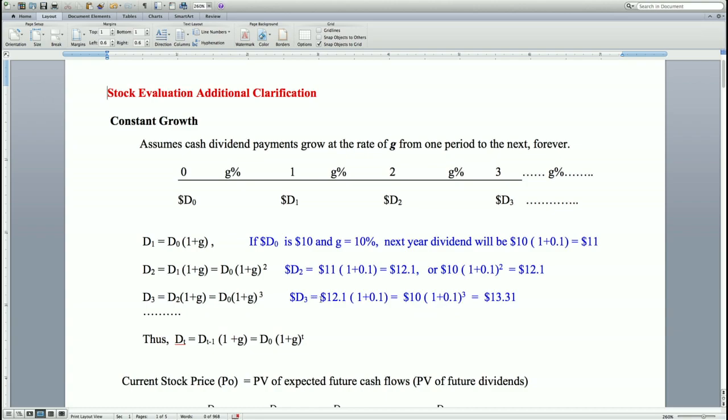So D3 is D2, $12.10, plus G%, or 10% more. That answer is $13.31. Or from D0, D3 means 3 years of G% growth compounded. So $10 times 1 plus G, or 0.1, 10%, to the power of 3. We get the same answer.